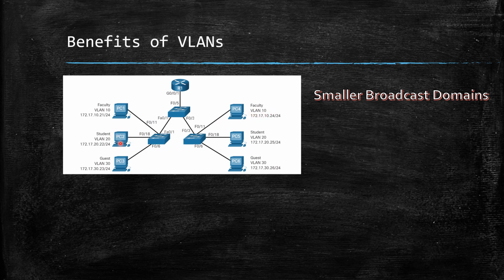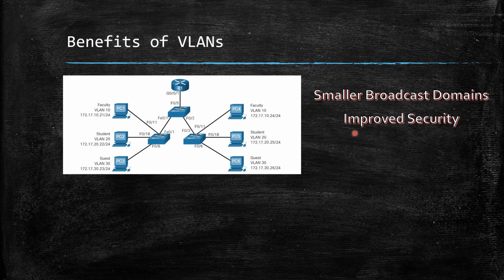Other PCs such as PC2, 5, 3 or 6 will not receive the broadcast frame because they are not in the same broadcast domain. So that's how VLAN separates the broadcast domains logically, which means different VLANs will have different broadcast domains.